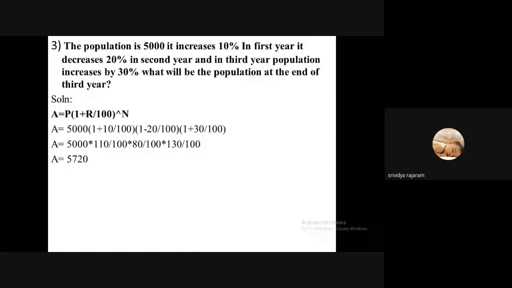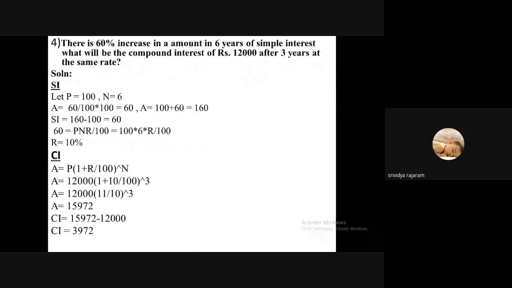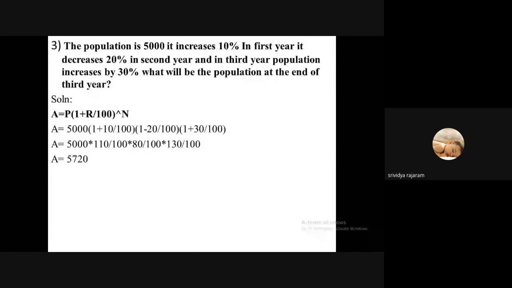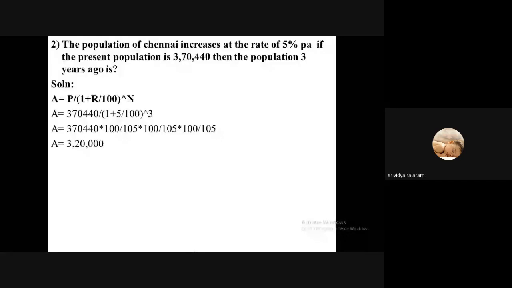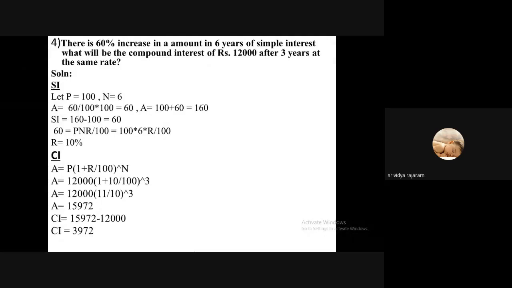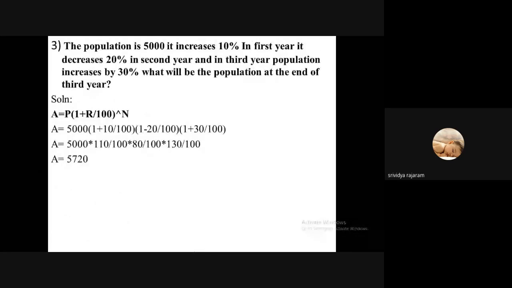Yeah, okay. So I have two more problems with a combination of both simple interest and compound interest. Let us see that, and let us proceed. Okay, so this is the problem.